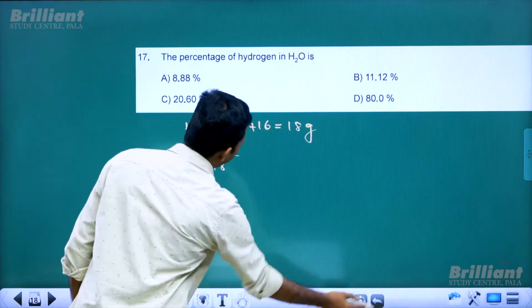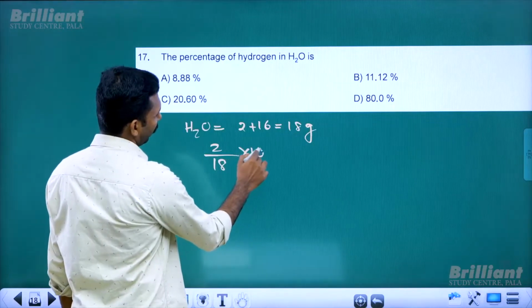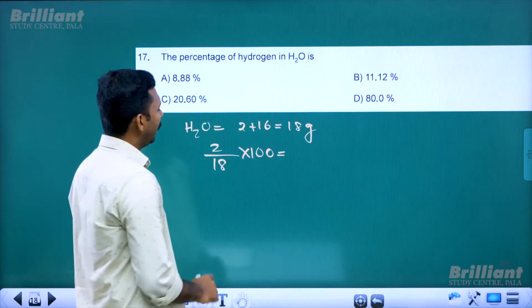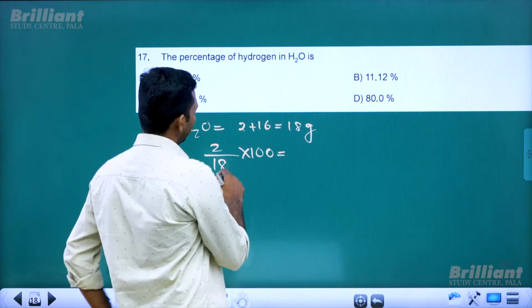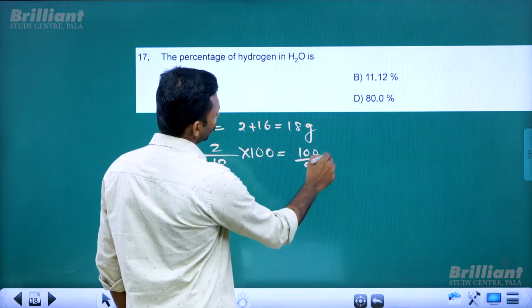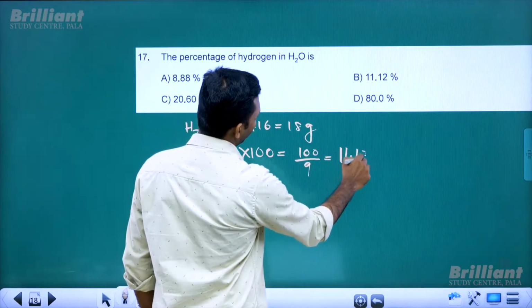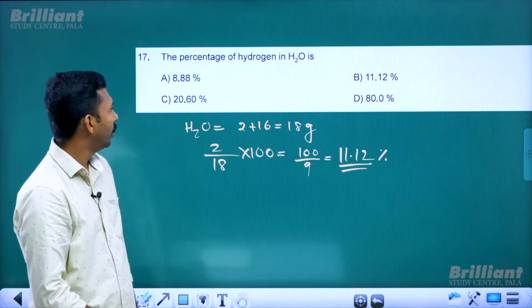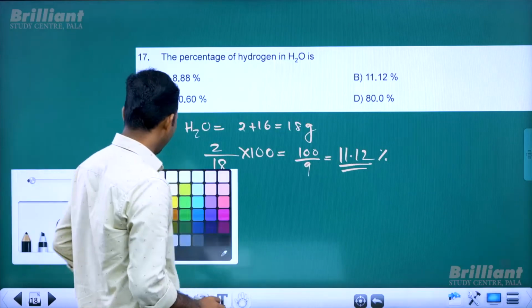Multiplying by 100, we get the percentage. So 200 by 18, or we can write 100 by 9, which gives 11.12% as the answer. So our answer option will be B, no doubt.